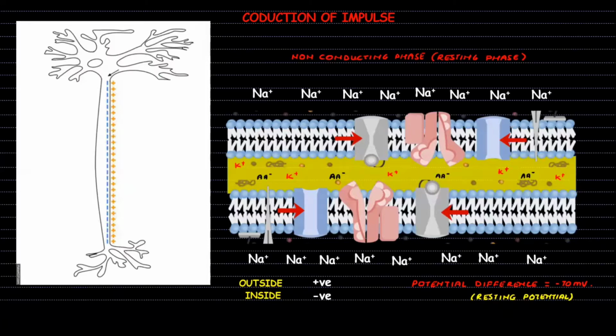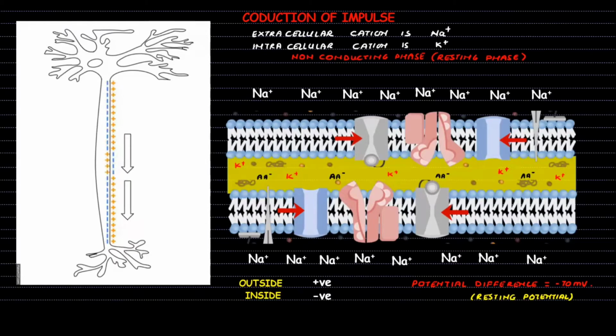Now next, here there could be a possible MCQ. They may ask, what is the most common extracellular cation? Extracellular means outside the cell. So the answer is sodium. Intracellular cation means inside the cell, so that is potassium.